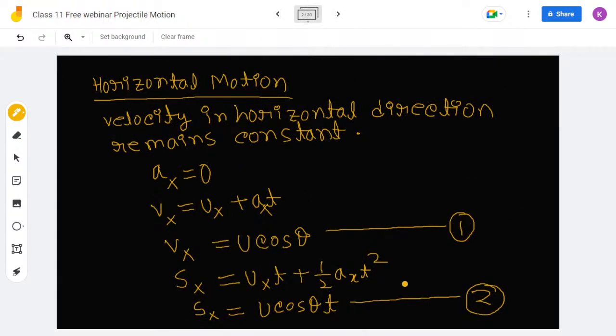From equation number 2, the range, or s suffix x, the distance in the x direction, is u suffix x t plus half a_x t squared, and we know the acceleration in the horizontal direction is 0, so we get s_x equal to u_x t, where the x component of the velocity is u cos theta, and t is the total time of flight.